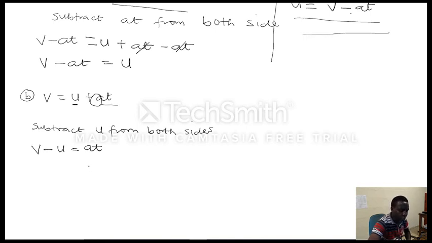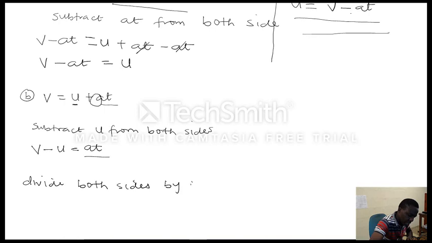So what I'm going to do next is to undo the operation of multiplication which was done with A and T. So therefore I'm going to divide both sides by T, because T is a variable which needs to move to the other side.